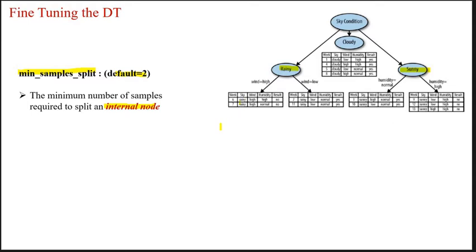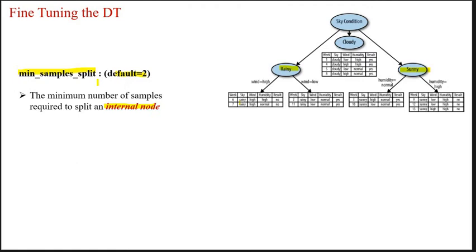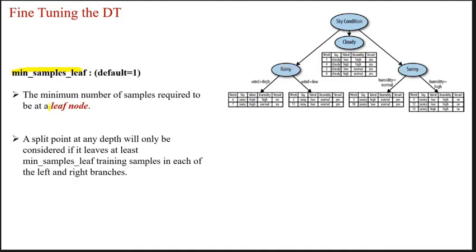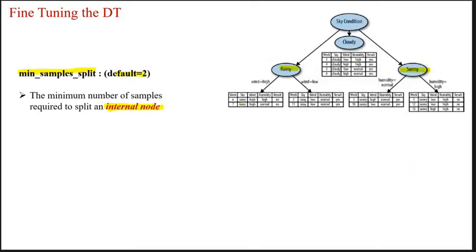Okay, so let's go to the next parameter, that's minimum samples leaf. Now, just make sure you understand, some people typically get confused on these two parameters. This one is for an internal node and this is for a leaf node. So this is the minimum number of samples required to be at a leaf node. A leaf is where you stop. So how many minimum samples do you want at a leaf node?